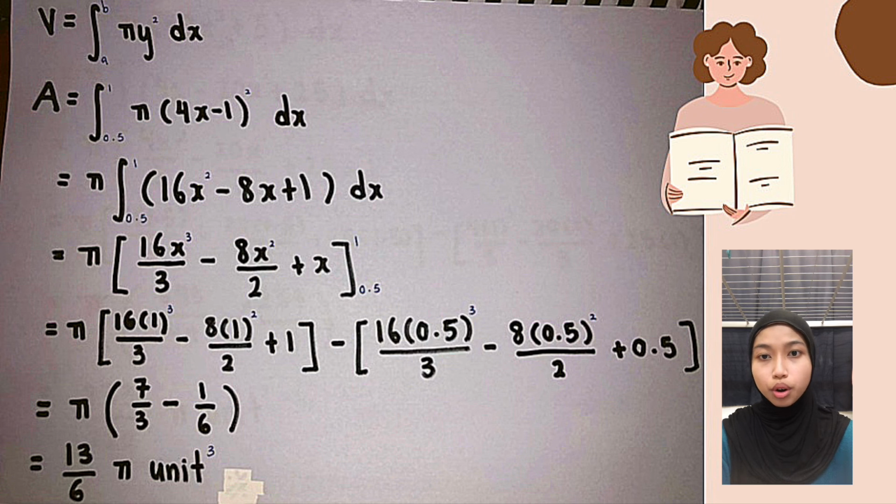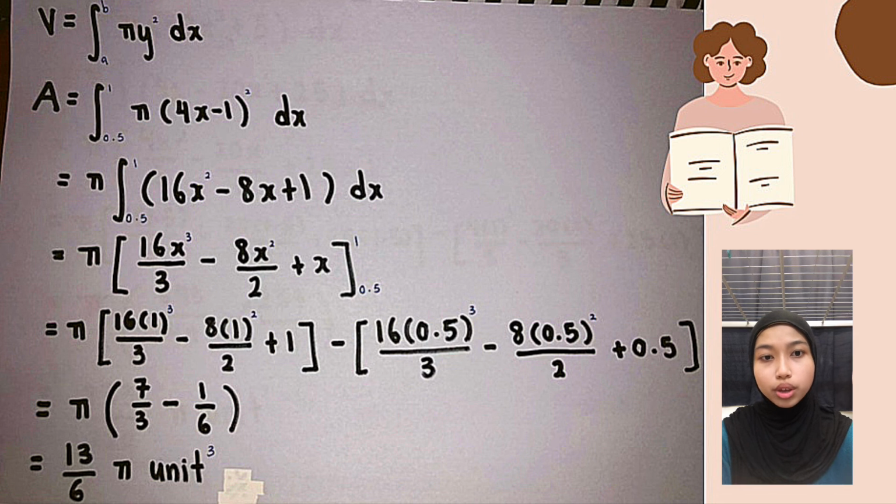So the volume of A is integral 0.5 to 1 of pi bracket 4x minus 1 bracket to the power of 2 dx. We put pi outside the integral, so it becomes pi integral 0.5 to 1 of bracket 16x squared minus 8x plus 1 bracket dx.